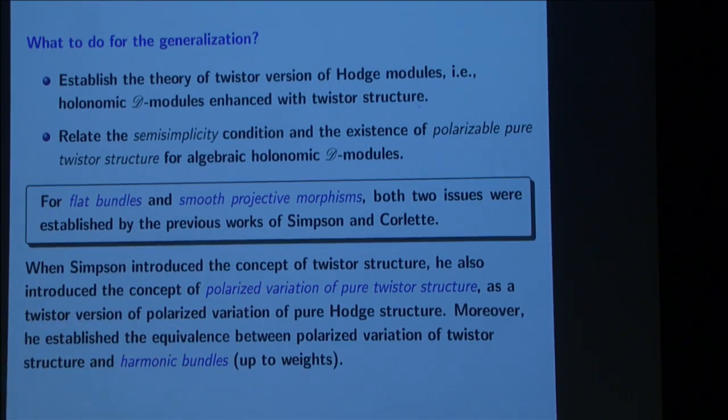Actually, when Simpson introduced the concept of twistor structure, he also introduced the concept of polarized variation of pure twistor structure as a twistor version of polarized variation of pure Hodge structure. Moreover, he established the equivalence of polarized variation of twistor structure and harmonic bundles.